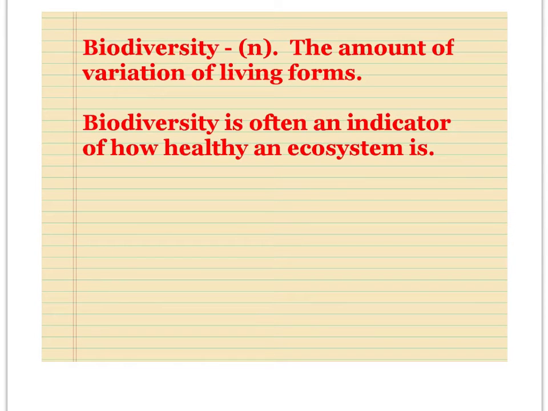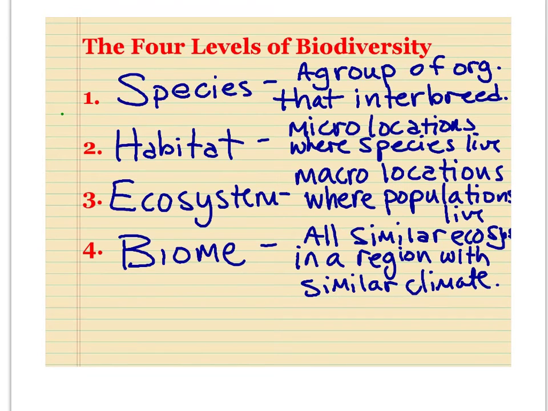A good, strong, healthy ecosystem. So we have 4 levels of biodiversity. One is just the biodiversity of species, multiple species. A species is a group of organisms that interbreed. They are able to have a mating ritual, and then they go ahead and do what they do, without getting too specific.